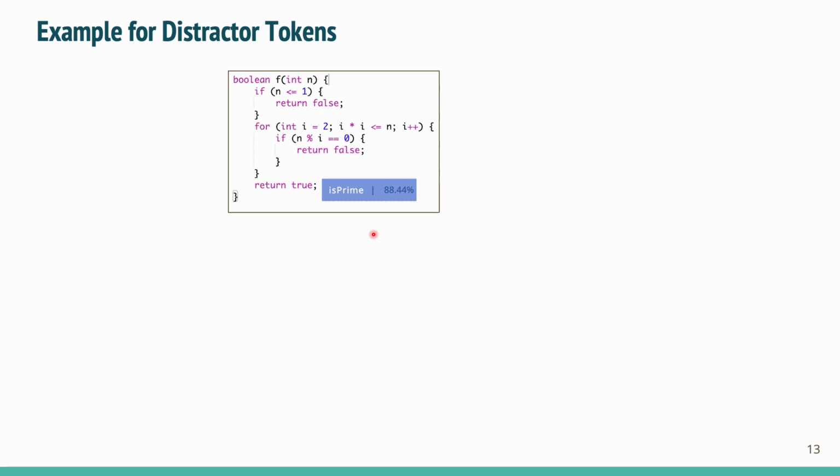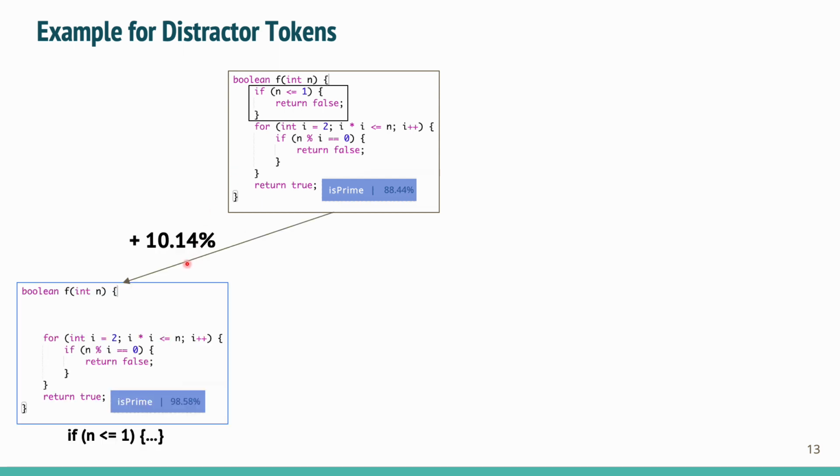In this slide, we will show an example of distractor tokens. For example, this program is an implementation of a prime number checking function. If we remove the condition that checks the corner case of valid positive numbers, the model increases its confidence score by around 10%.